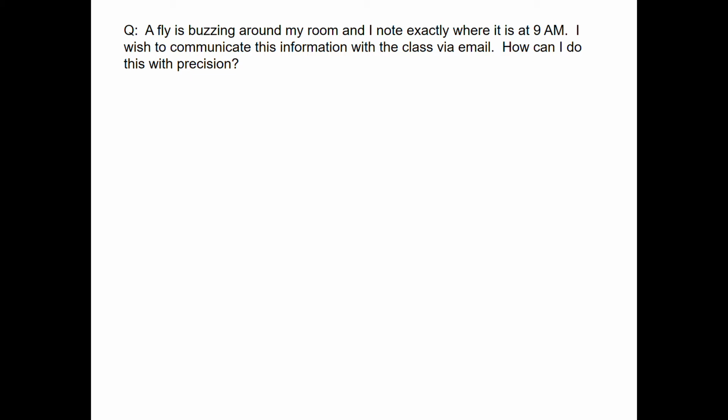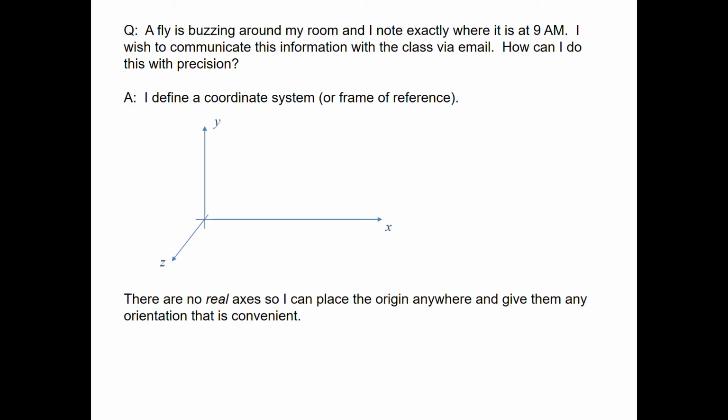How can I possibly do this and be precise about it? The answer that you're probably used to from your math classes is pretty clear. You define what's called a Cartesian coordinate system. Sometimes, I think I got this from Giancarlo, he may call it a frame of reference, or a coordinate frame. Doesn't matter which words you use, but we're going to put axes in my room.